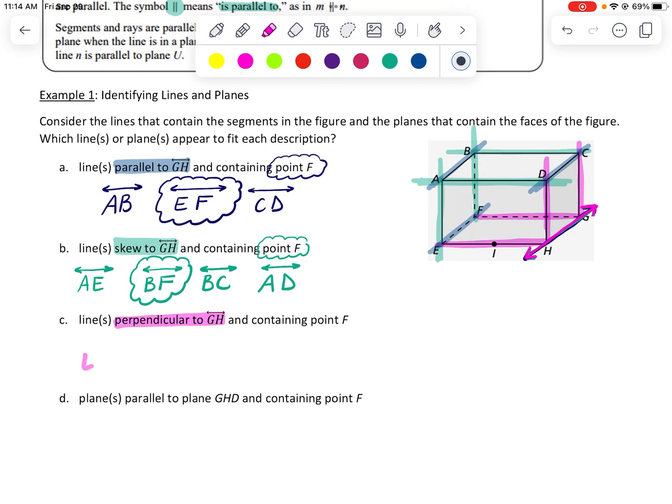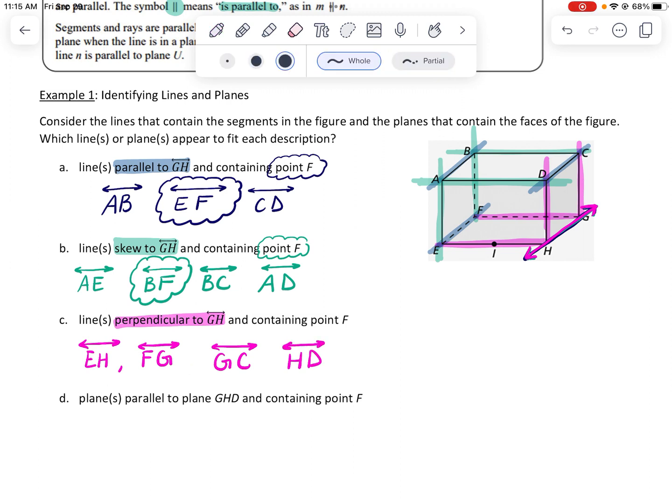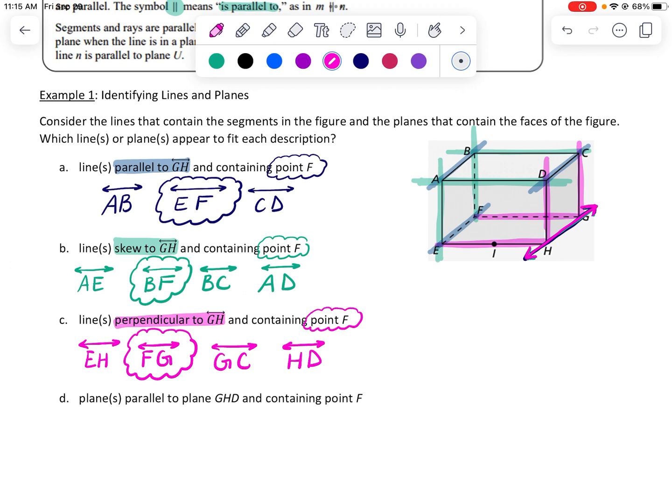So we have EH, FG, GC, and HD. So those, again, are all perpendicular, but when I'm looking for the specific one containing point F, the only answer that we really would give is this one, but I just wanted to show us for practice what could be considered perpendicular.